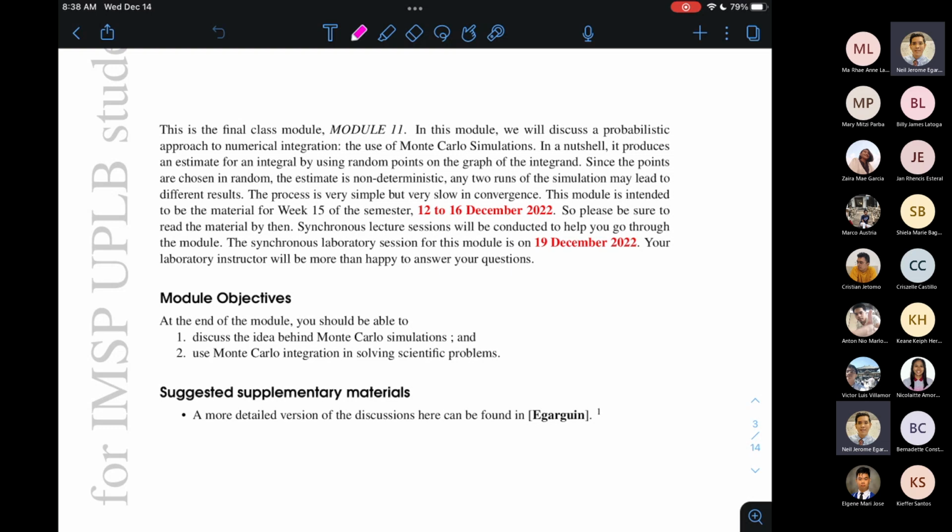So one run of a Newton Cotes quadrature and or another run of Gaussian quadrature rule, they will give you one specific estimate. So Monte Carlo simulations, there's a sort of randomness in how the algorithm works. That means when you run a Monte Carlo simulation on the same function, you might get different results every time. So that's why it's called probabilistic, and you will see later why.